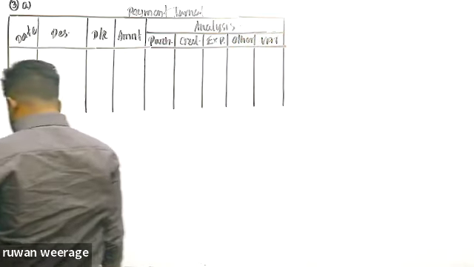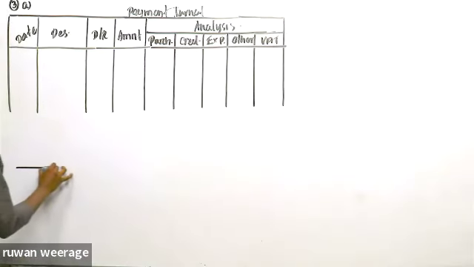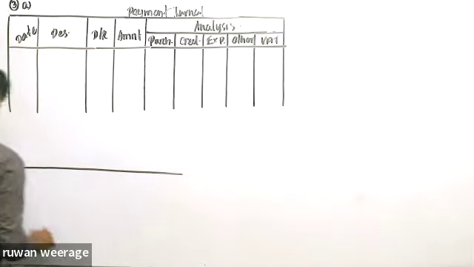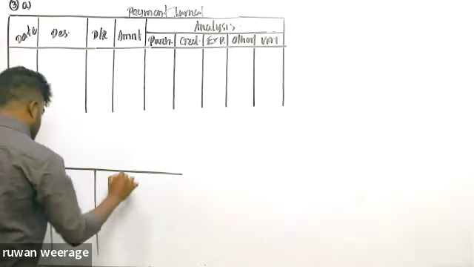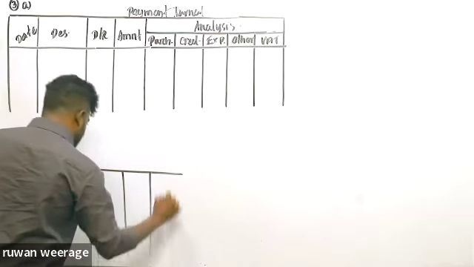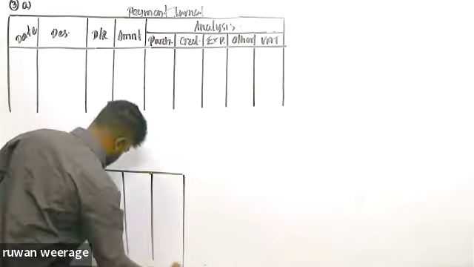And the question also asks to prepare the sales journal. So I'll draw the sales journal here, right? Date, customer name, amount column, VAT column, total column.